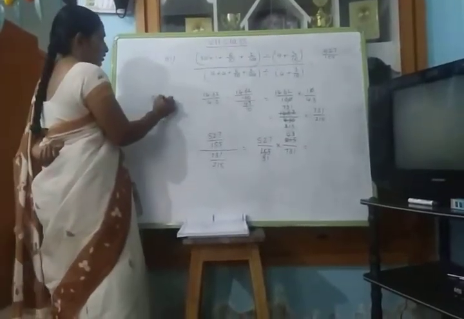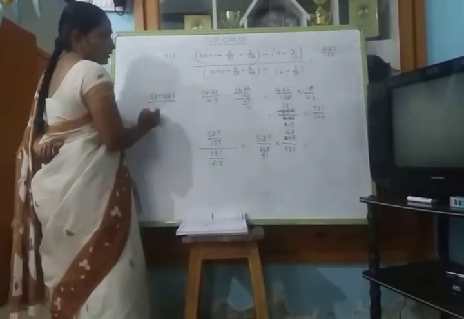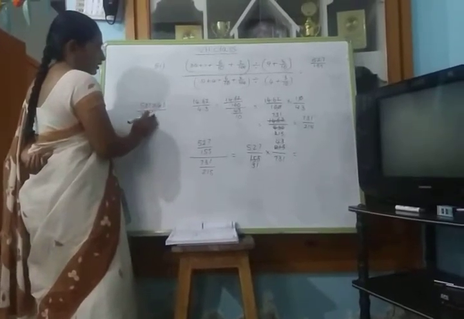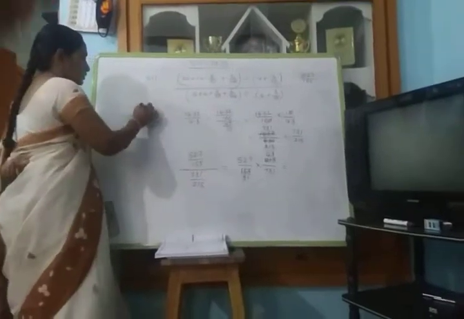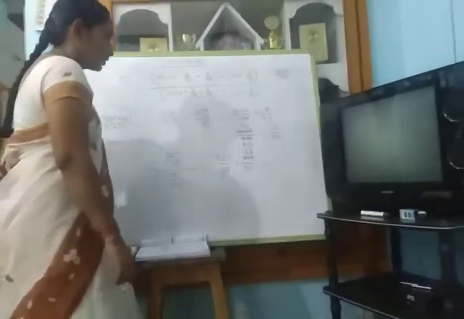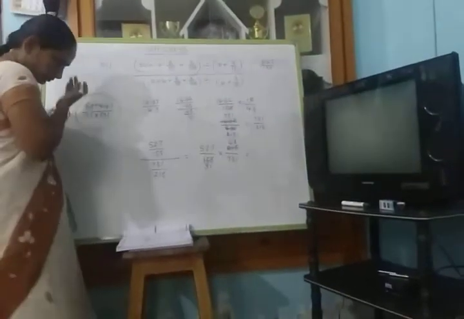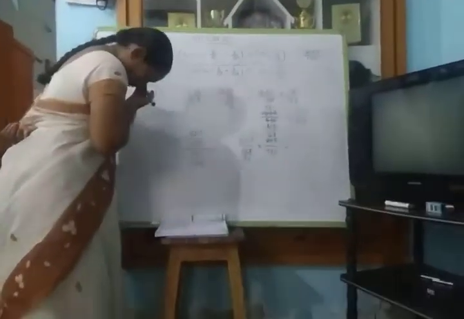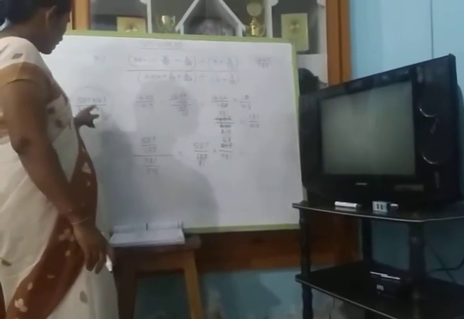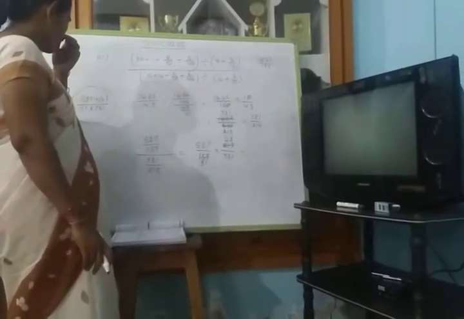Into 43 by 31 into 300, 731. So this you have to simplify, you get the answer.